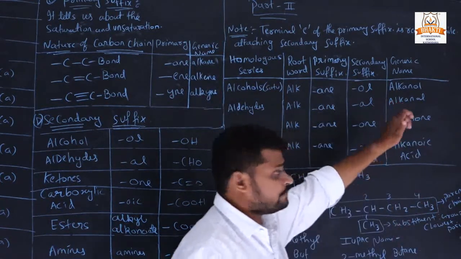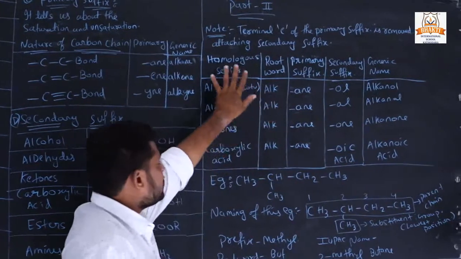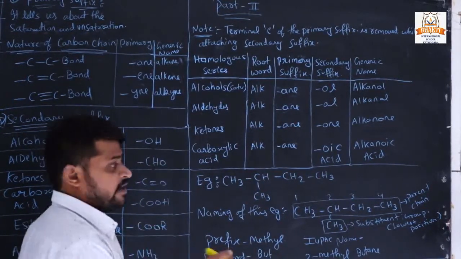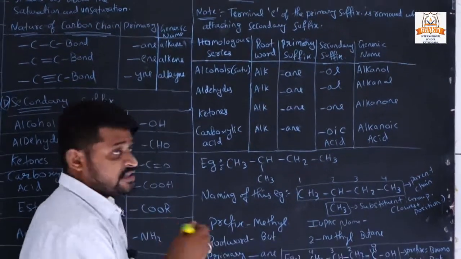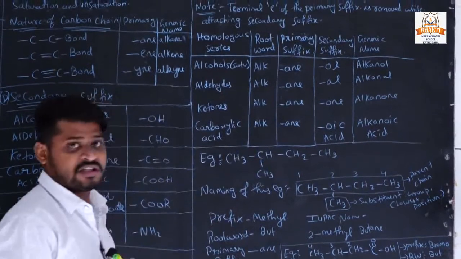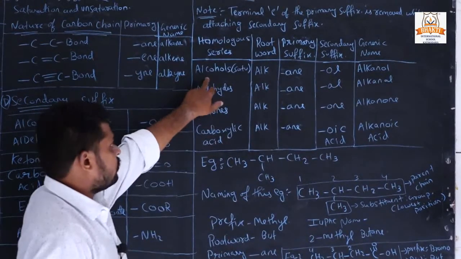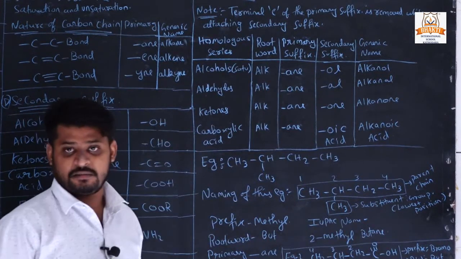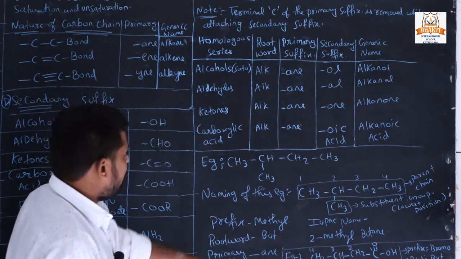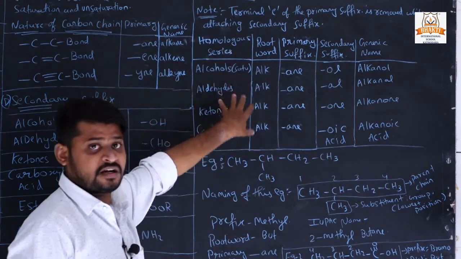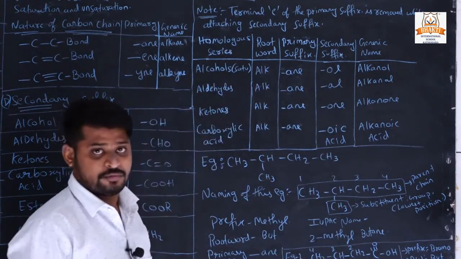Now this is the method by which we will give the name of any structure of a compound. First, here we have taken homologous series: alcohol, aldehyde, ketones, carboxylic acid. The root word for these is alkyl, which means these all come from alkyl groups.